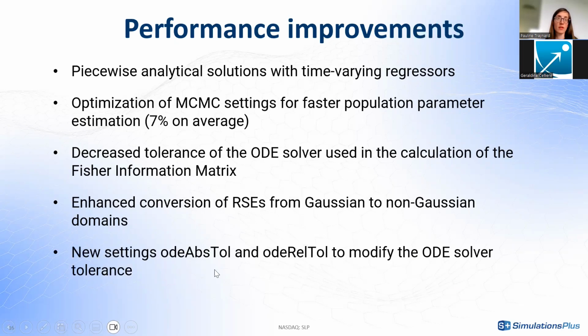We also now provide two settings, ODE abstol and ODE reltol, that can be used within the structural model file to modify the ODE solver absolute and relative tolerances, which may help solve numerical issues that could occur in particular instances with complex models. And finally, we have improved the installer that is now much faster.